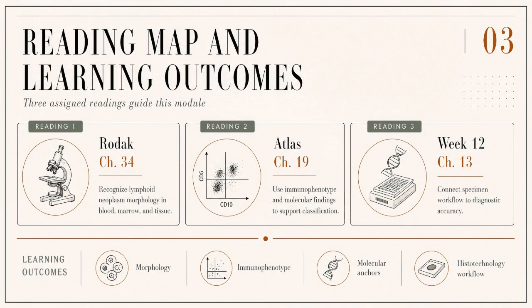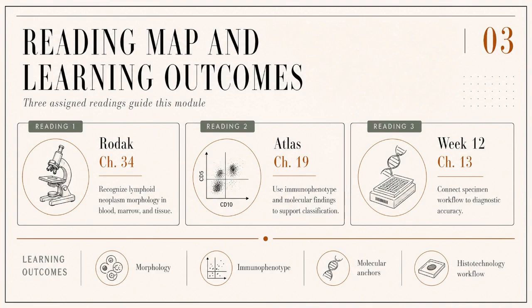The third reading introduces molecular and cytogenetic diagnostics, which have revolutionized hematopathology by uncovering genetic abnormalities that define and stratify lymphoid neoplasms. Techniques such as fluorescence in situ hybridization, FISH, and polymerase chain reaction, PCR-based assays, detect hallmark translocations like t(11;14) in mantle cell lymphoma, or mutations like BRAF V600E in hairy cell leukemia.